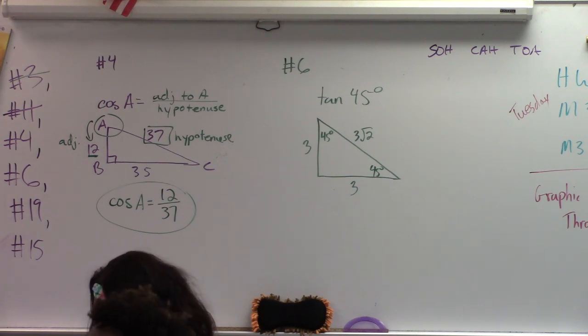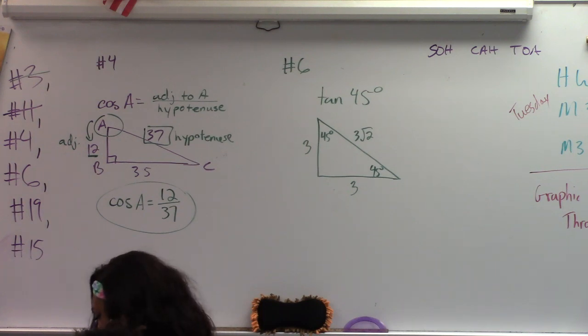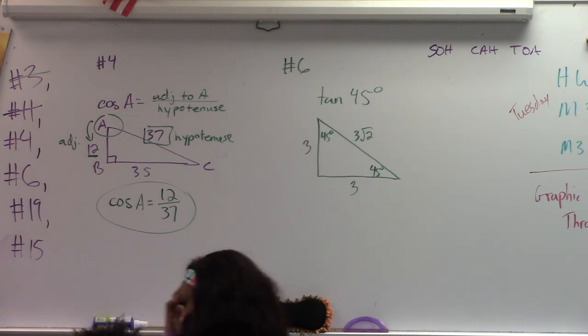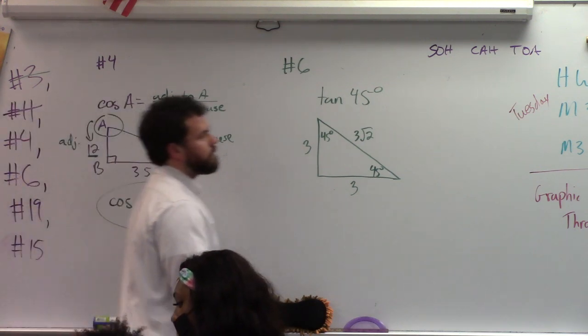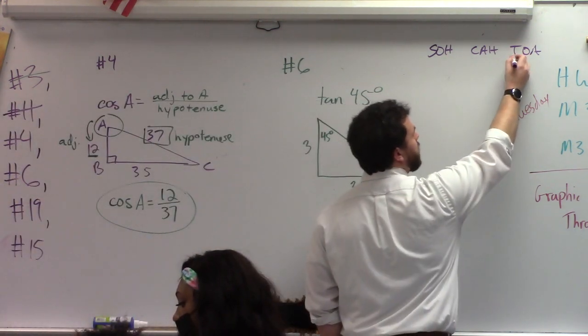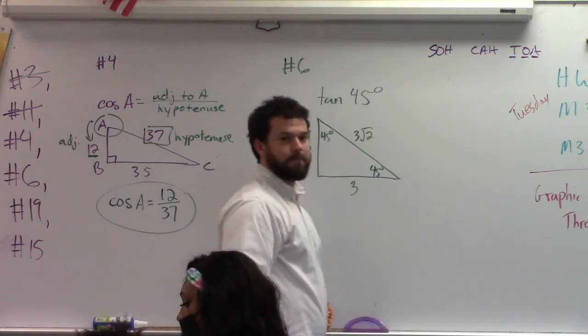Alright, Kyson. What's the first thing we need to do for tangent of 45 degrees? I don't know. Find the adjacent and the hypotenuse. Adjacent hypotenuse, that's tangent. Remember, tangent's here, so I need the opposite? Right.